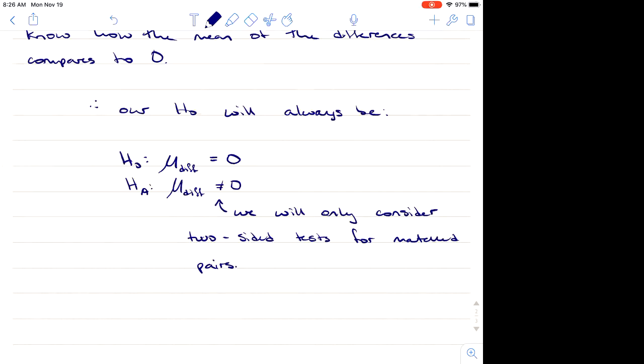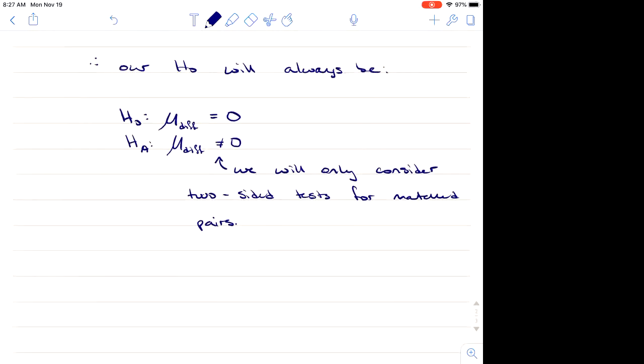For the one sample mean, you had to change out your mu naught for some value from the question. It's hard to figure out what that value is. So now, for matched pairs, it's a little bit easier, even though we have two samples instead of just one. So this will always be your null and alternative hypothesis for matched pairs. Just make sure that you keep that mu diff on there, the subscript diff everywhere.